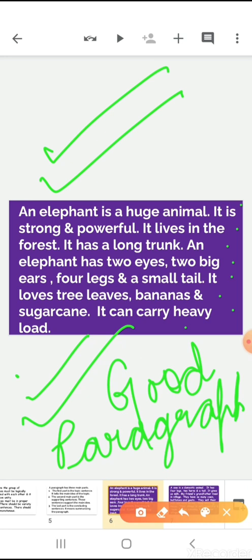But when we read that second paragraph on a cow, the first 2 or 3 lines are connected with each other, but the next lines are not connected with the topic. So this is the good paragraph. Now you come to know how you have to write the paragraph, right children?